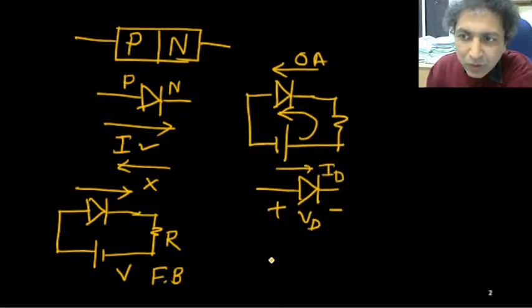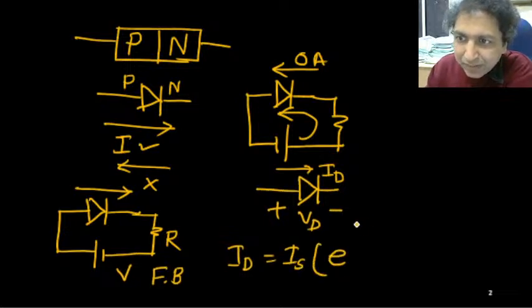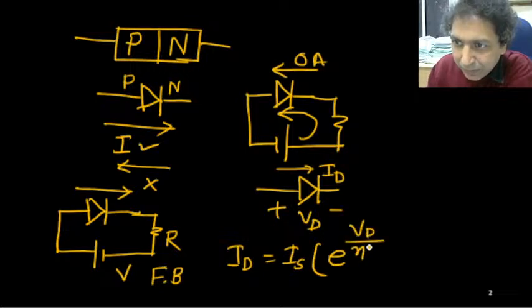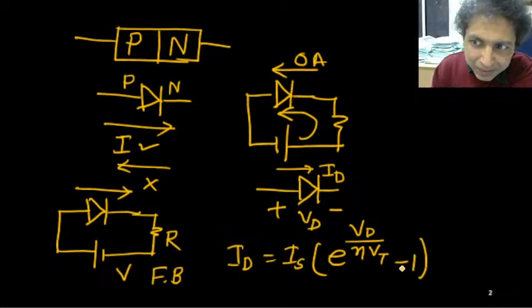We have one equation: ID equals IS, the reverse saturation current, times e to the power VD upon eta VT, minus 1. VT is the thermal voltage. That you know perhaps. So what is the figure for that?